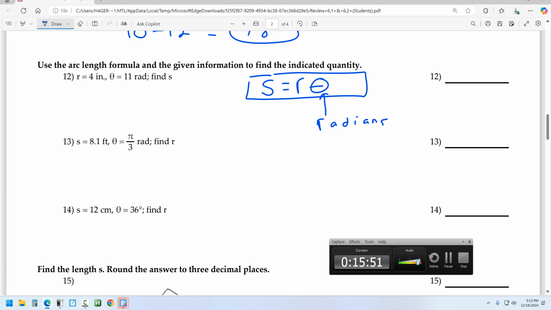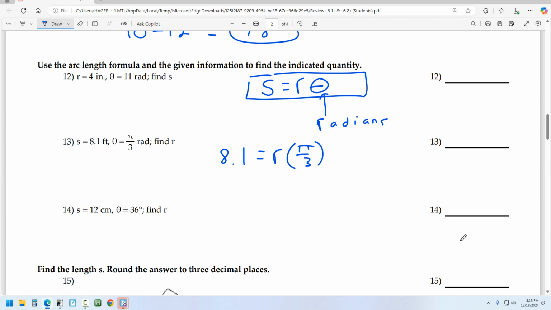Okay. So what did they give me for S? They gave me 8.1 feet. That's my arc length. What did they give me for the radius? We're finding it, so we don't know that. And what did they give me for the angle? The angle is pi over 3. Yep, pi over 3.